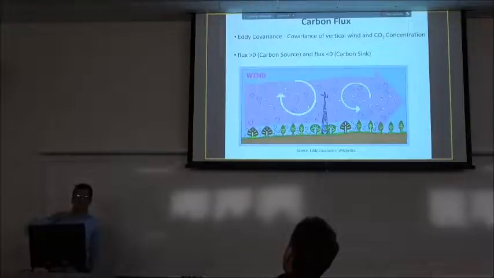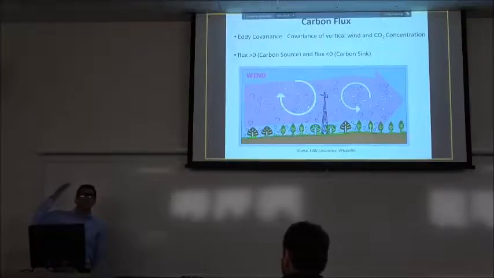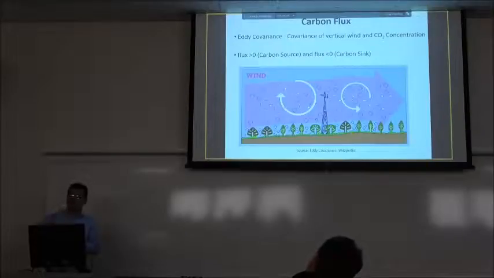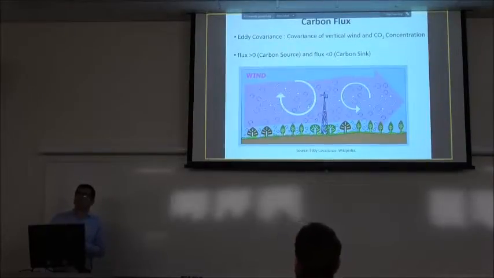But it is not a hard and fast rule. There will be a mix of larger and smaller eddies, and they will carry that carbon with them, and the open gas analyzer will measure that carbon.